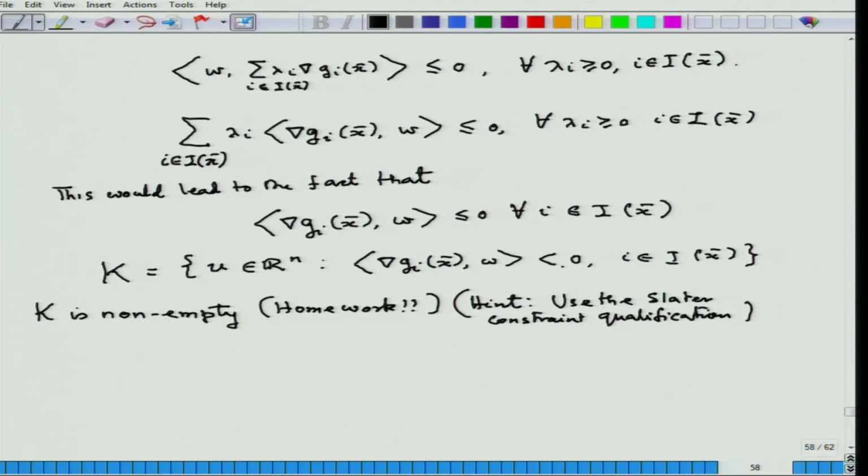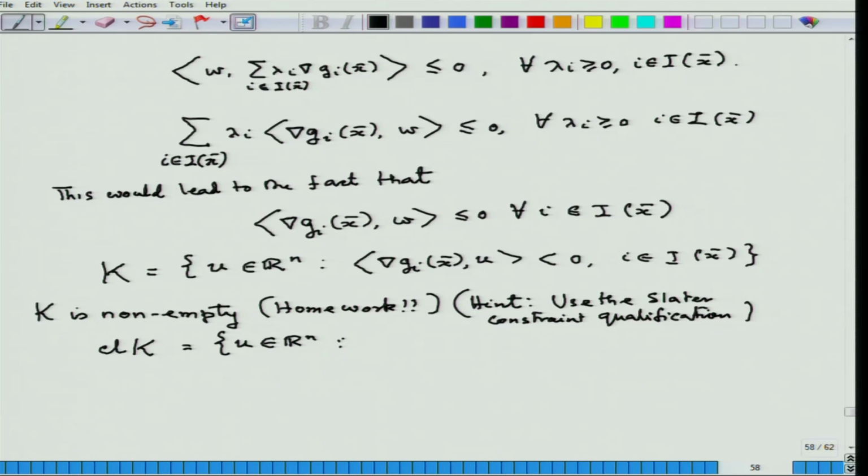Now, if this is non-empty, this should be u. Once this x bar is fixed, this is a series of convex inequalities actually, and what I have shown is that for this series of convex inequalities a Slater type condition is holding. So, what you can actually show is that the closure of K is equal to this.